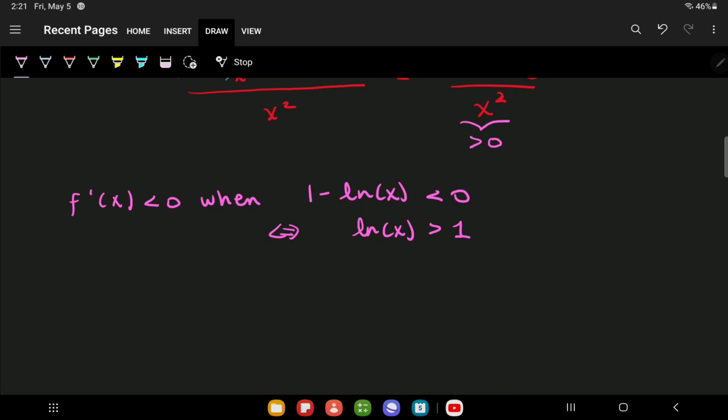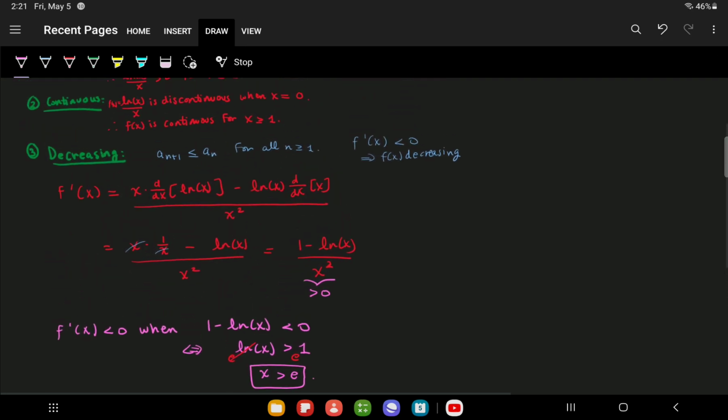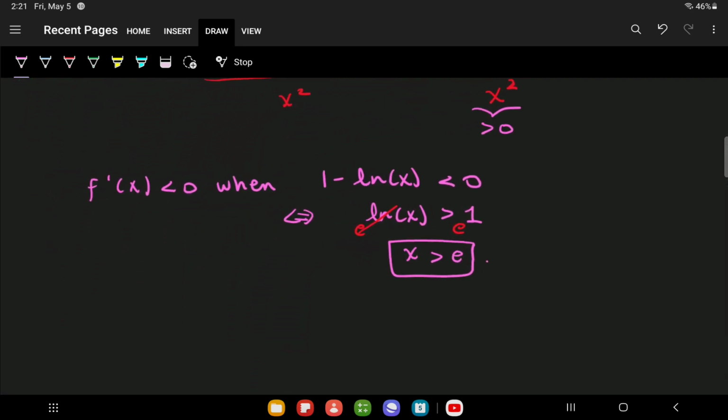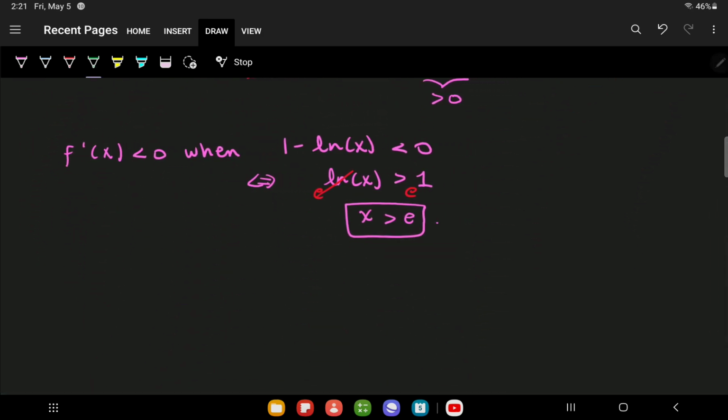When's that true? If we exponentiate both sides, this is true for x greater than e, which is about 2.7. Hence, this is decreasing.